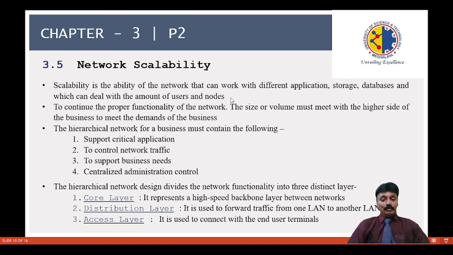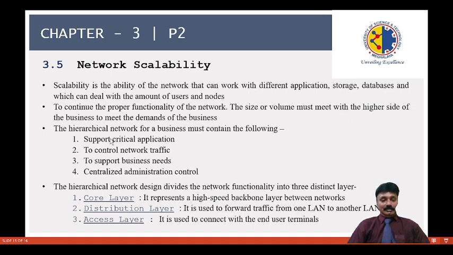With more users and more nodes, different application storages and databases will be used at the same time. So to continue the proper functionality of the network, the size or volume must meet the higher side of the business, to meet the demands of the business.